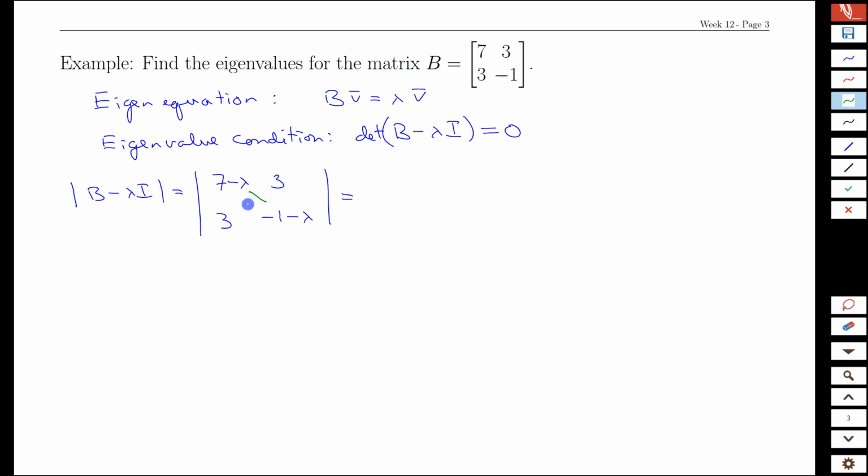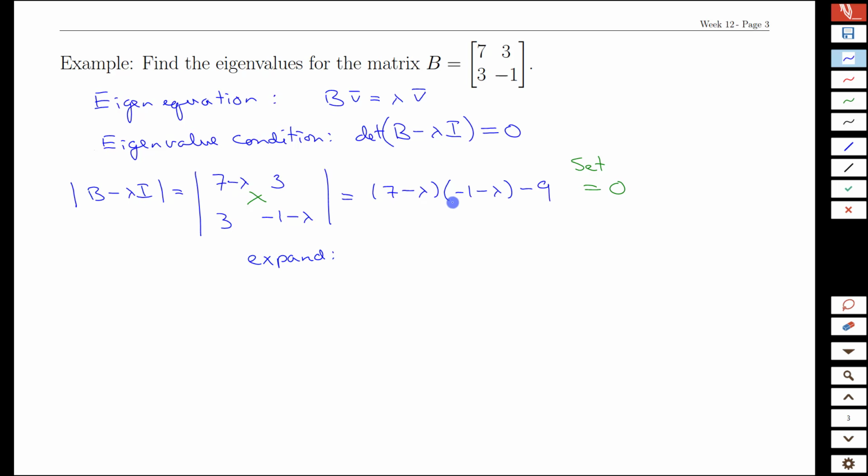We then do our determinant calculation, the cross multiplying here for a simple 2 by 2, and we get 7 minus lambda times negative 1 minus lambda, minus 3 times 3, which is minus 9. And that's the determinant part. We're now going to set that equal to 0 to define our lambdas. Now we should definitely expand that out.